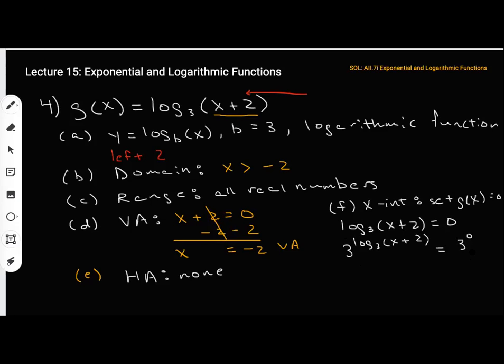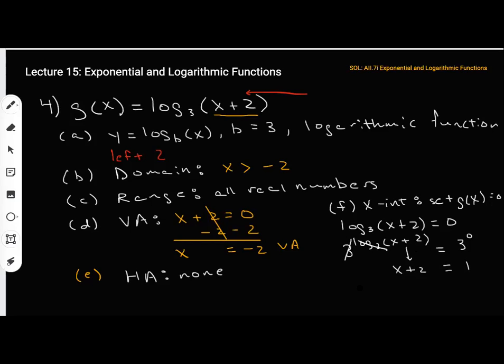So the base is 3, 0 is my exponent, because I have a 0 right here. Well, 3 to the 0 power is going to give me 1, and the x plus 2 is going to come down. The bases actually cancel out. So now what you want to do is get x by itself.